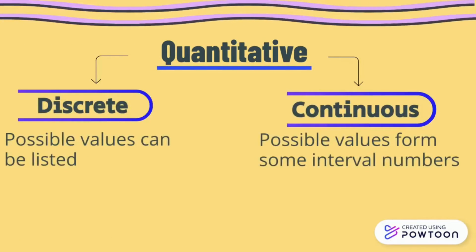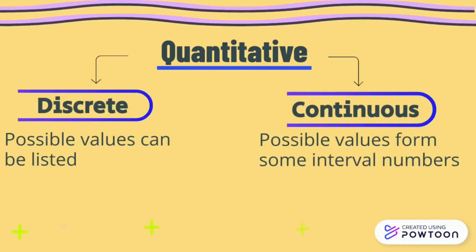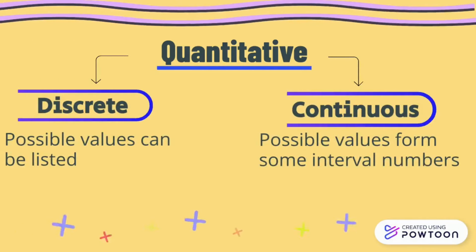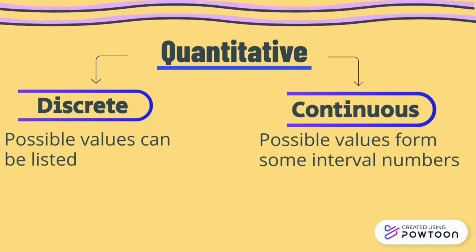There are two types of quantitative variable or data, which are discrete and continuous. Discrete means that possible values can be listed, and continuous means possible values come from some interval of numbers.